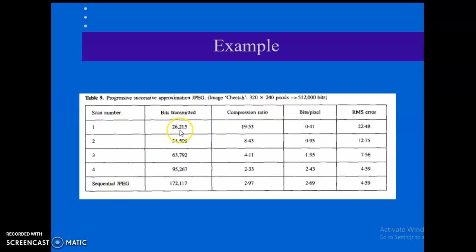In scan number 1, bits transmitted 26,000, compression ratio 19.53, bits per pixel 0.41, RMS error 22.48.